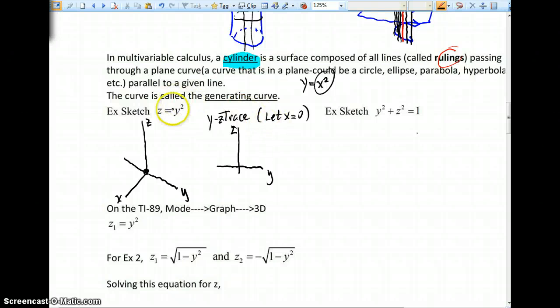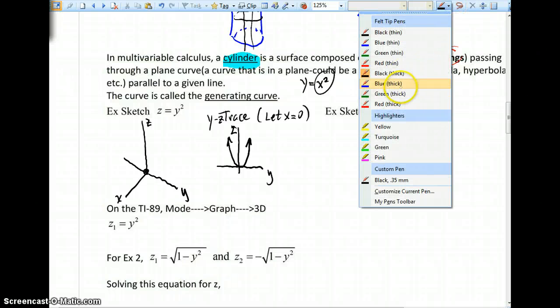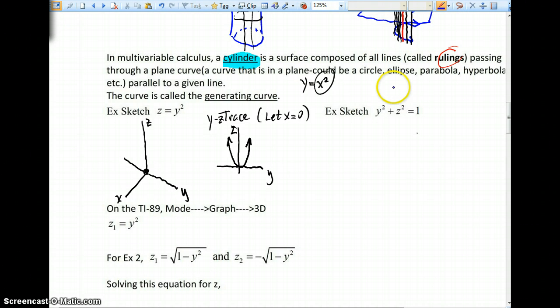So if I gave you z equals y squared, you'd say, well, my goodness, wouldn't that just look like an ordinary parabola that we've seen? And then wouldn't this just simply be with these different axes? Indeed, that's true. What I'd like to show you is that we could very quickly make a sketch as to what's happening here.